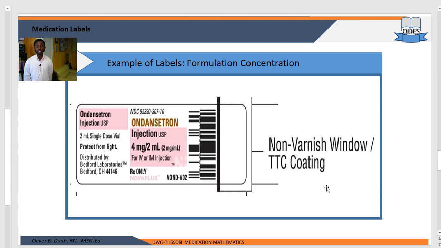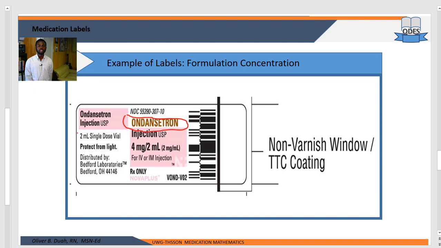Let's look at another medication label that has the formulation stated differently. This is ondansetron, and ondansetron is a medication for nausea. In this, you are going to find the generic name, which is ondansetron. The brand name can be Zofran.